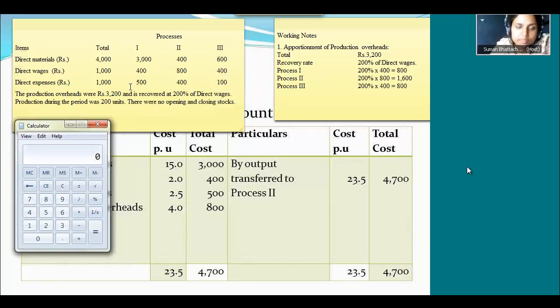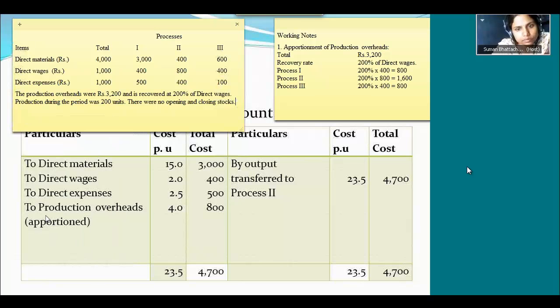So what will be the production overhead? 200% of 400. So 400 multiplied by 200% comes to 800.